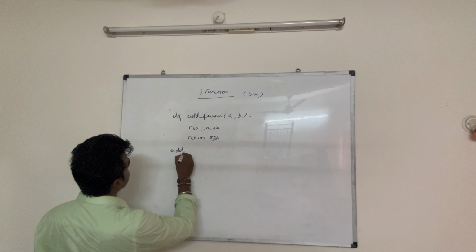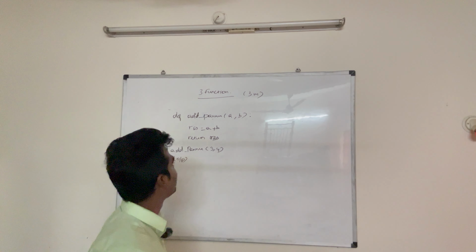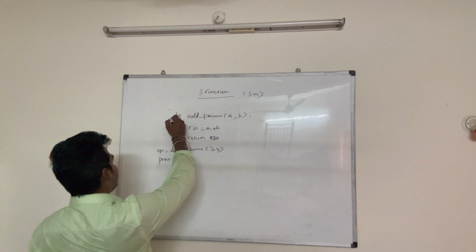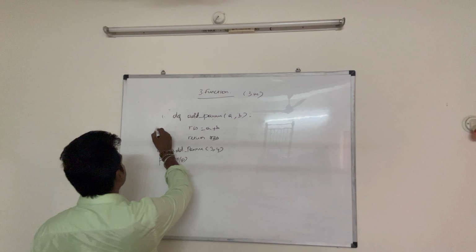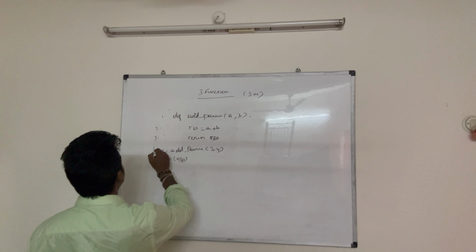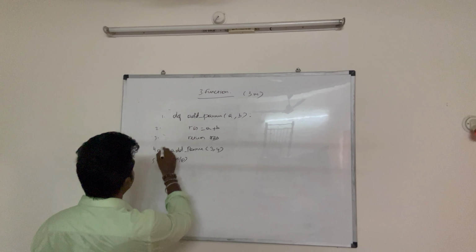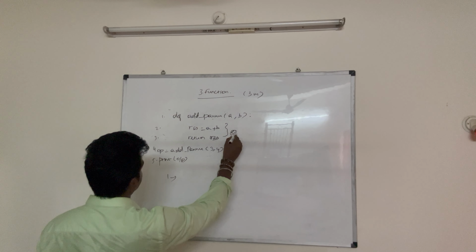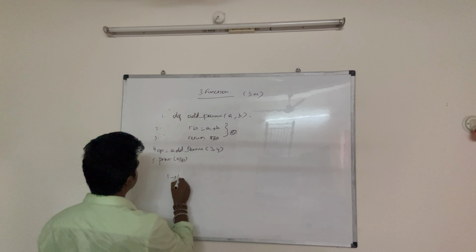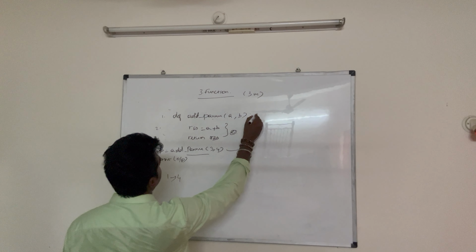How will it be executed? The flow of execution is very important. First, the Python interpreter sees this is a function. Line 1 will be executed. The next two lines will be skipped. Next, line 4 will be executed. This is the function call. It will be called here.